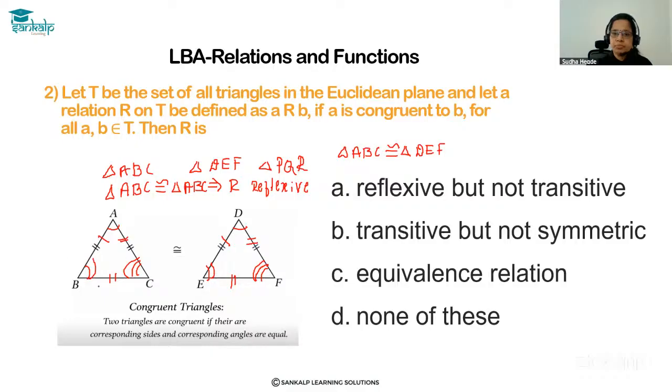So the converse must also hold: triangle DEF must be congruent to triangle ABC.